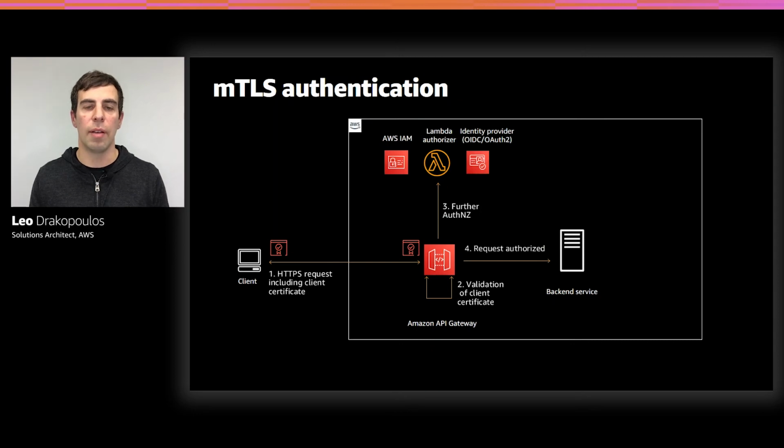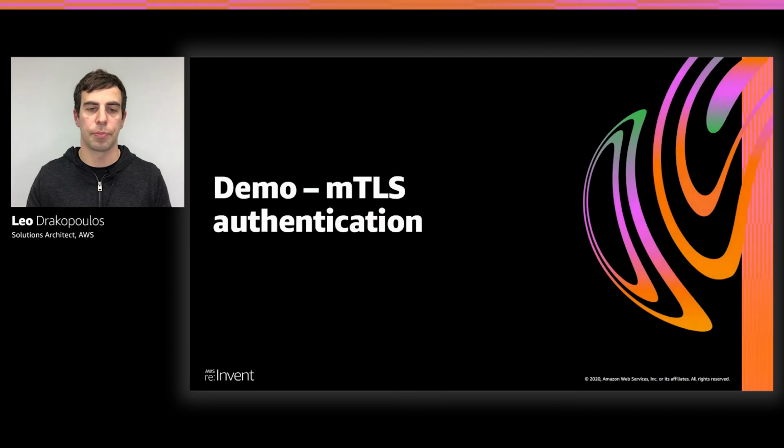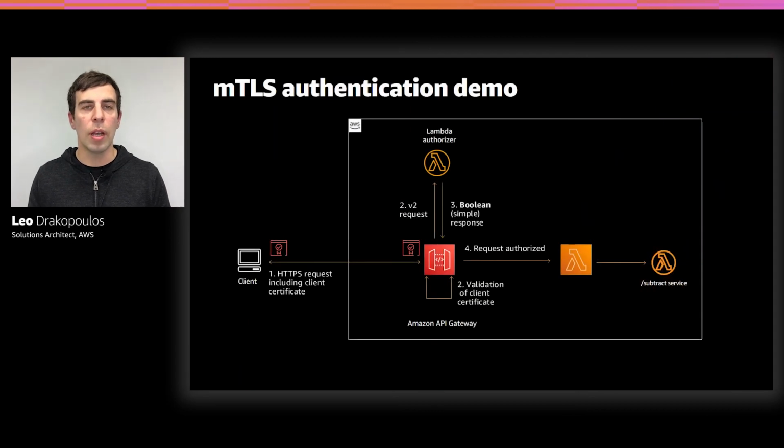So let's have a look now at the demo itself. Two clarifications on what you're about to see: first, within the mutual TLS authentication demo, I'm again going to use the Lambda authorization method. I'm going to use the same exact Lambda authorizer that I used previously during the Lambda authorization.